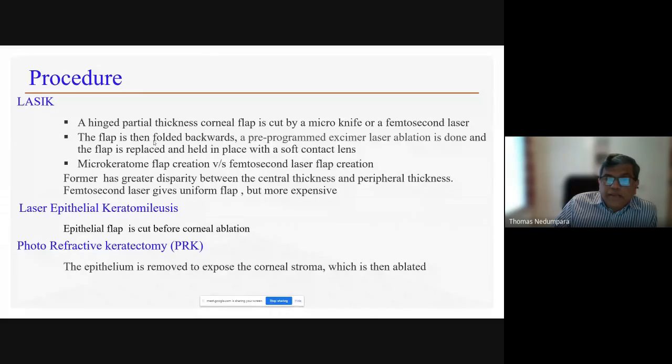And the flap is replaced and held in place with a soft contact lens. So to cut the cornea, you can either use a microkeratome or a femtosecond laser. The laser is better because it gives a uniform thickness flap. However, it's more expensive. I'll show the other two techniques in the next slide.